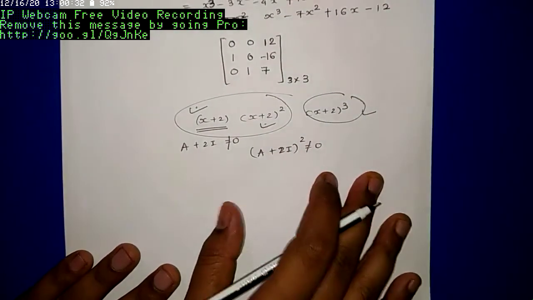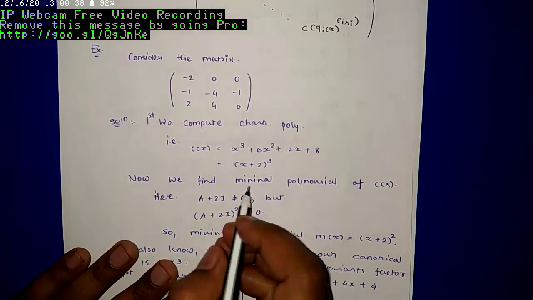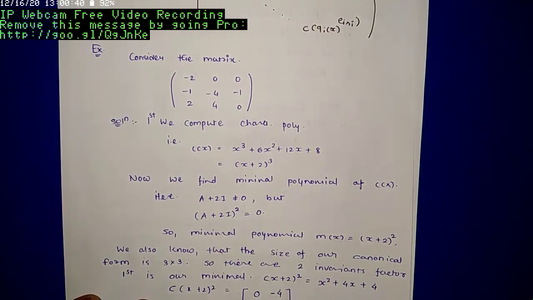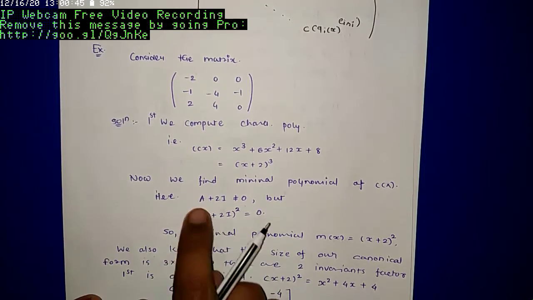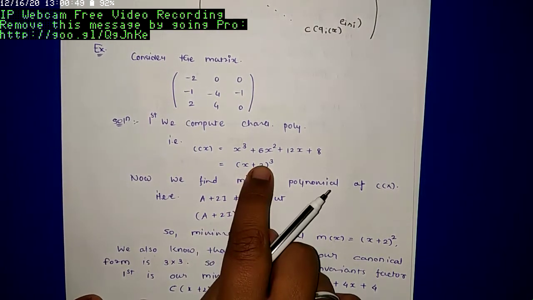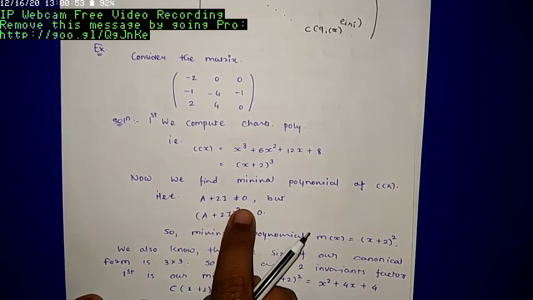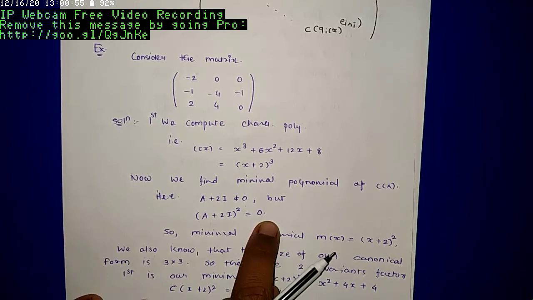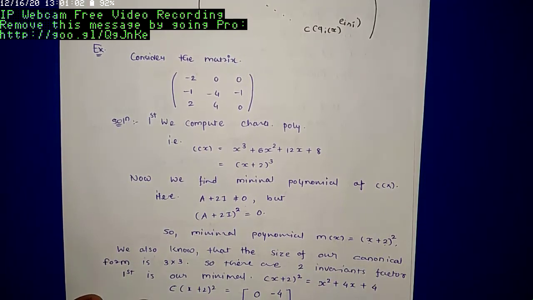Okay, so let me check A plus 2I. Clearly, with simple simplification, A plus 2I is not equal to 0, so x plus 2 is not the minimal polynomial. So we go for (A plus 2I) square, which gives the 0 matrix. So your factor (x plus 2) square is your minimal polynomial.